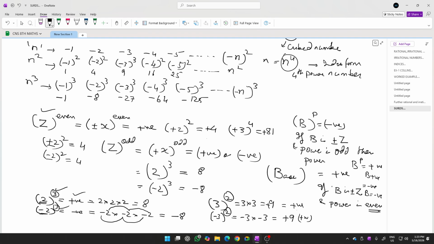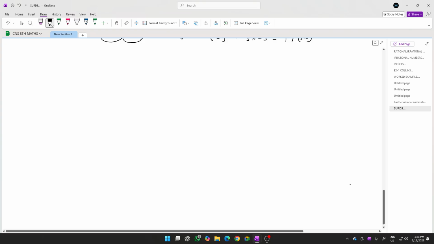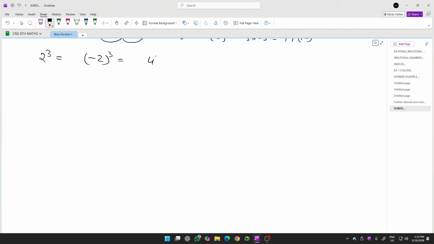Okay, so this is what you should remember. By practice you should come to know. So let us practice some few questions related to this. Let us start with this. 2 raised to 3 will be how much? Minus 2 raised to 3 will be how much? 4 raised to 1 will be how much? 4 raised to 2 will be how much? 4 raised to 3 will be how much?